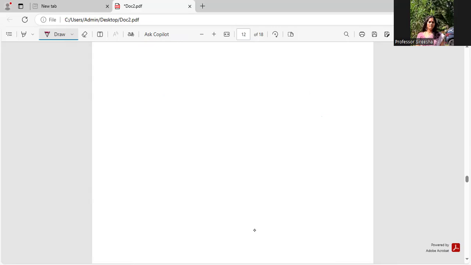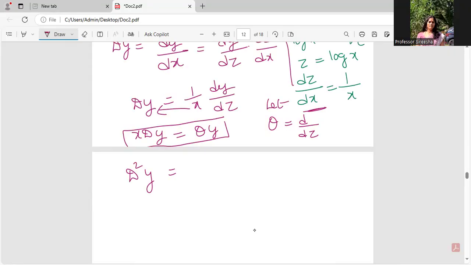Next, what I should do is I'll be considering D square y. How will this look like? d square y by dx square is actually d by dx of dy by dx. Now if you see dy by dx, whatever is there, this is completely either in terms of x or z.